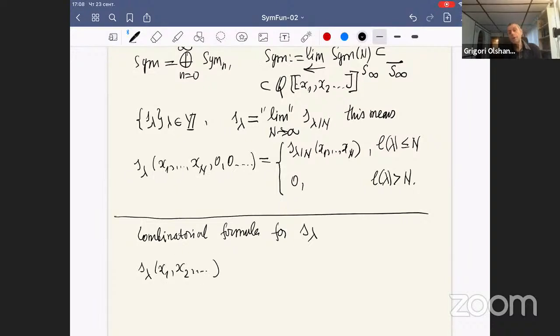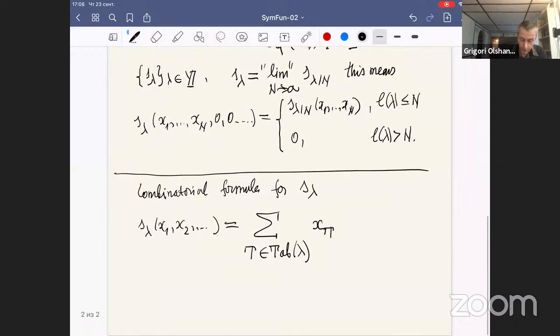So I repeat that this should be viewed as some formal power series in infinitely many variables, and as such, it can be given by the following formula. We have an infinite sum over all tableaux of a given shape lambda, and to any such tableau, we assign some monomial x sub T, which is defined as follows.